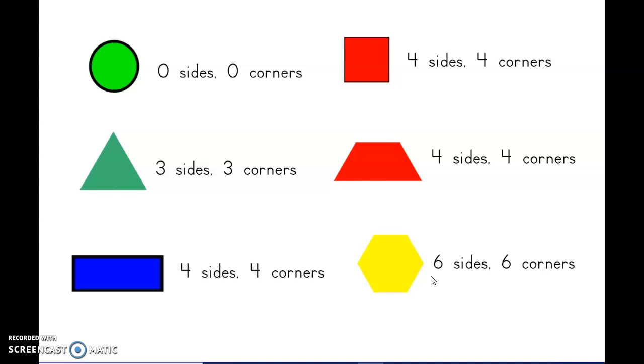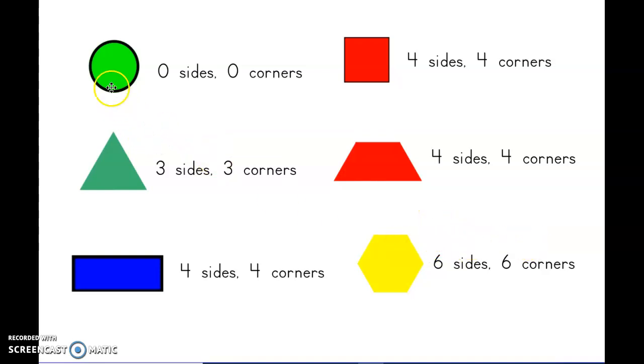We've learned that word as well. That's how we identify and categorize our plane shapes, not based on color, not based on the size or the position. Those things don't matter when it comes to identifying plane shapes. It just has to do with how many sides and how many corners the shapes have.